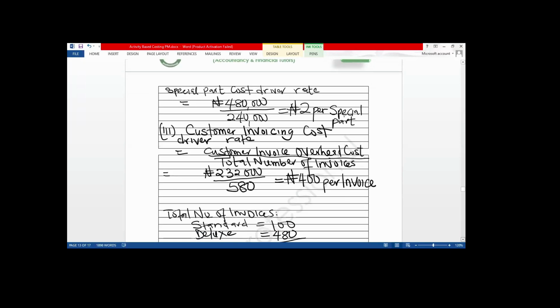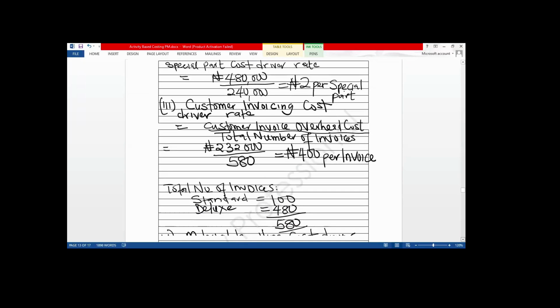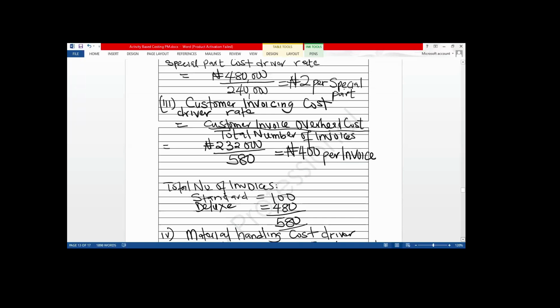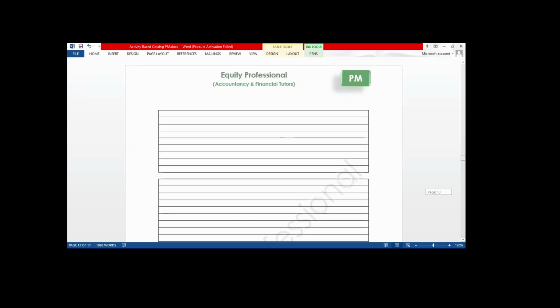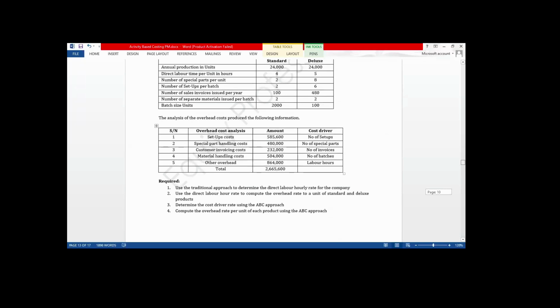No, sir. Okay. He gave us number of separate materials issued per batch, and he gave only 2 and 2. It's different from the setup figure, because the figure he gives is 6 for deluxe. So we go to that place now. Let me take you back to that question. Look at it, please.